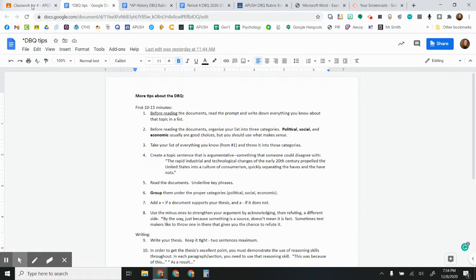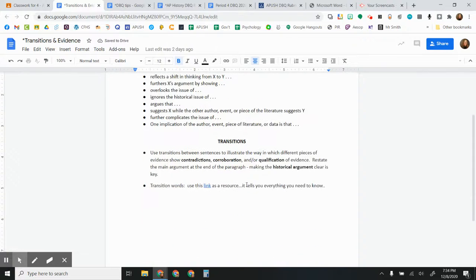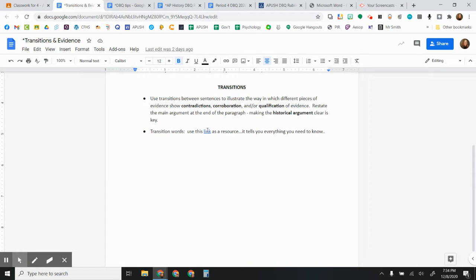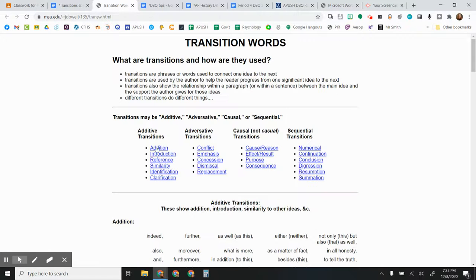Okay. Transitions and evidence. Transition words are a really good way to demonstrate that you understand what's going on here, the historical thinking skills. Okay, so causal transition, cause and effect.